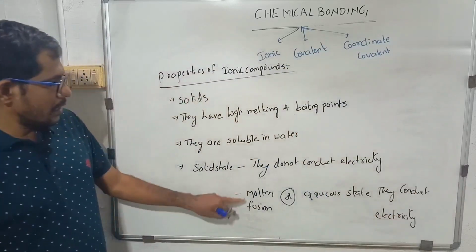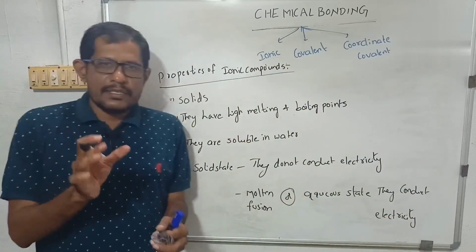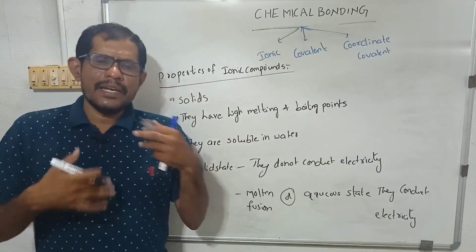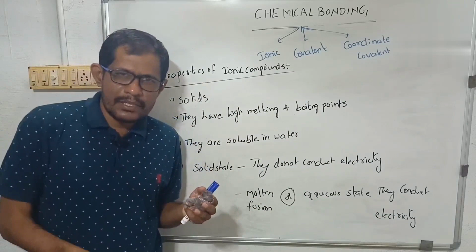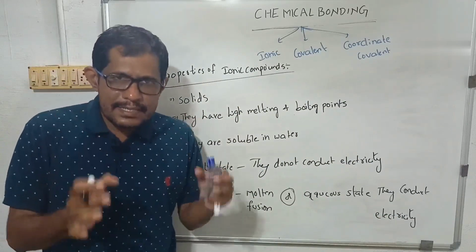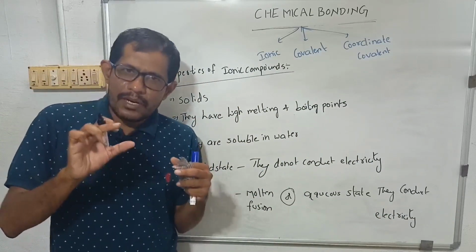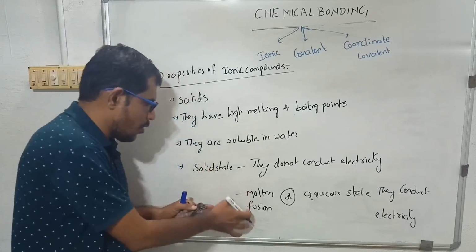Molten or fusion state means if you heat NaCl at a particular temperature, it will become liquid.